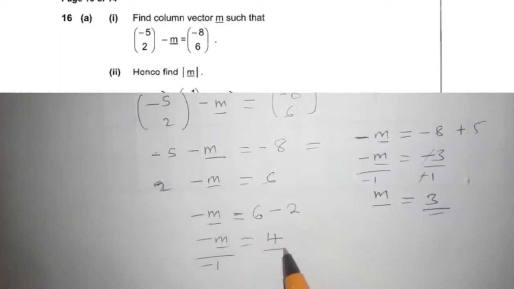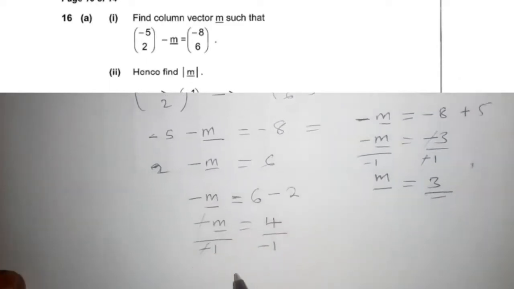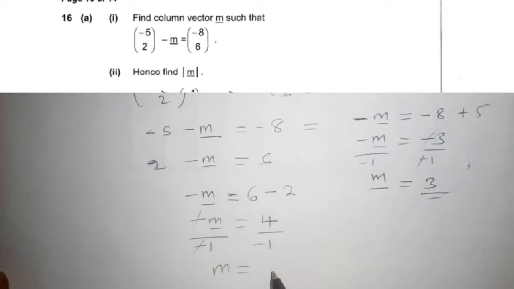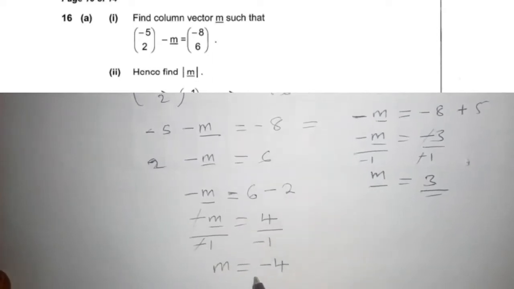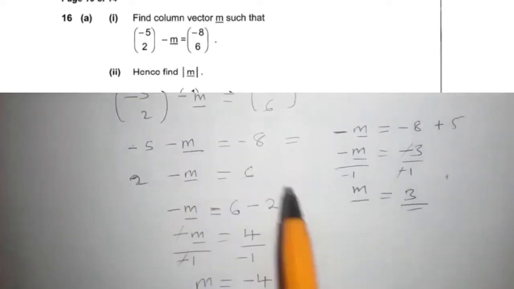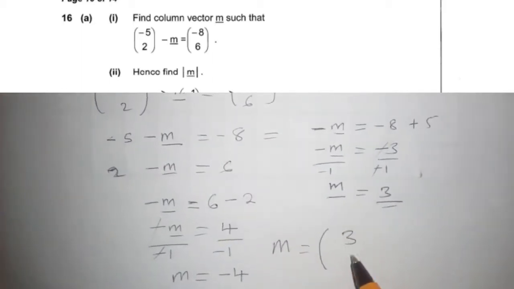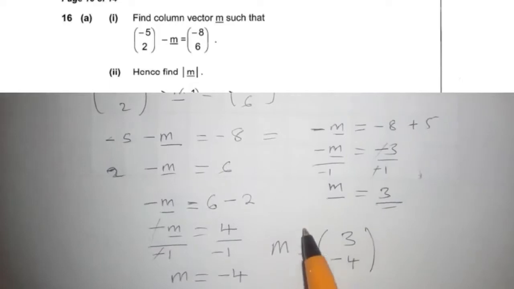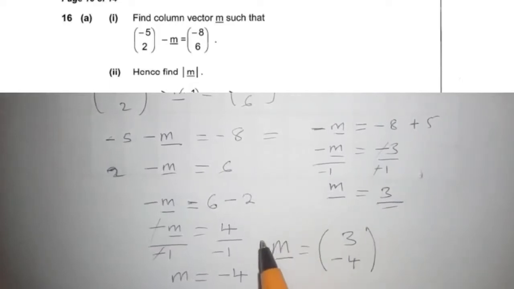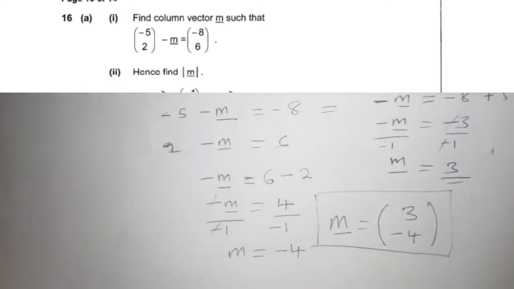When divided by -1, we have M is equal to -4. So we have found now the value of M. So M is equal to (3, -4). So this is our answer, the value of the vector M.